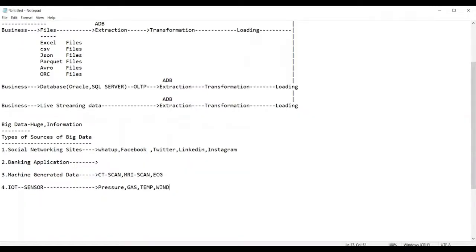These sensors are connected to the required computers. The computer generates the data and records it, and this data is further processed or transferred to us. From the files we received, we extract it, we transform it, and we load it. Ultimately it will go like this.